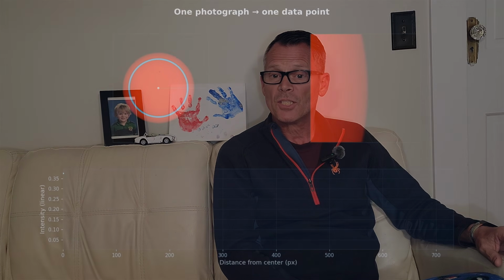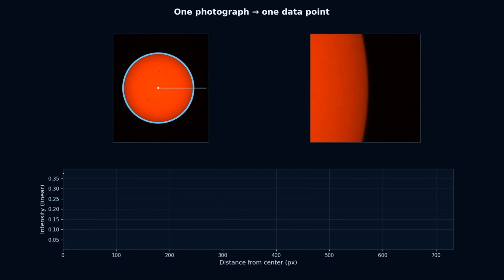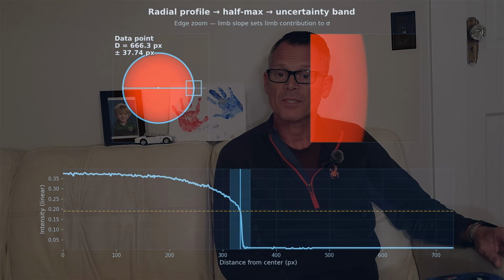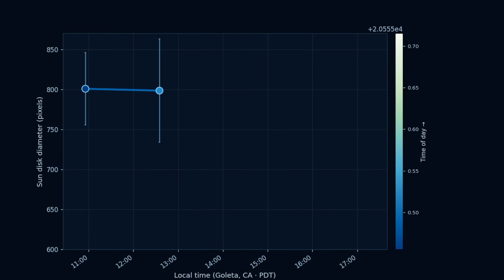That way, if their distance measurement is incorrect, but the general idea is sound, they will not be penalized for it. Each image gives us one data point, one measurement at one moment in time, each with its own uncertainty based on how cleanly we can define the edge of the disk. So what we end up with is a series of measurements across the day, each with an error bar plotted against the two predictions we committed to before we started the experiment.